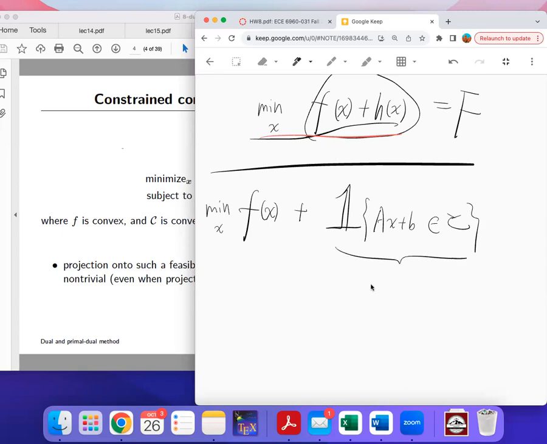So this indicator function is what we call h(Ax), a convex function if the constraint set C is convex.